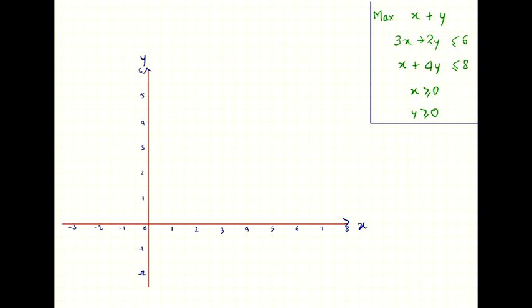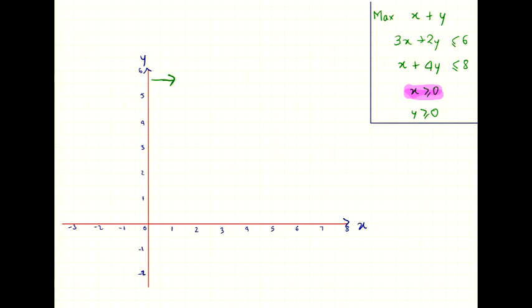Firstly, x greater than 0 just means that your point has to be on this side of the y-axis.